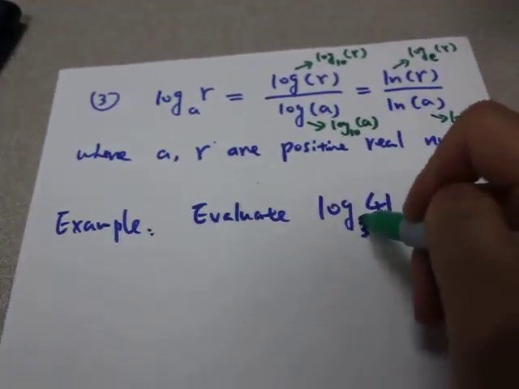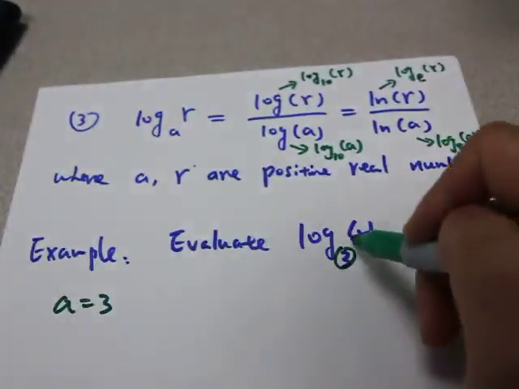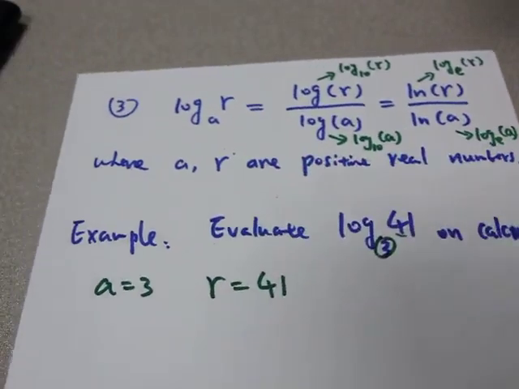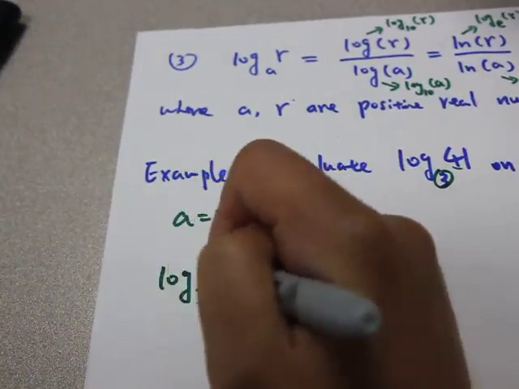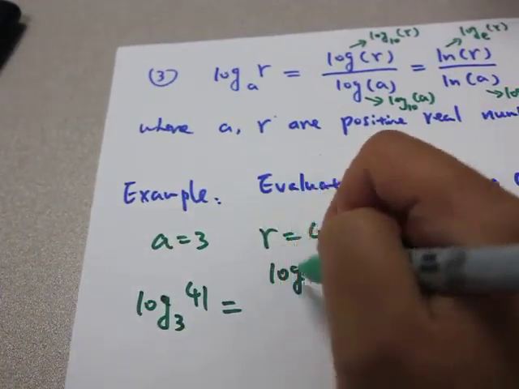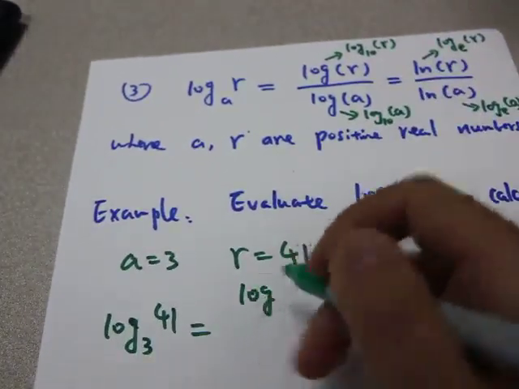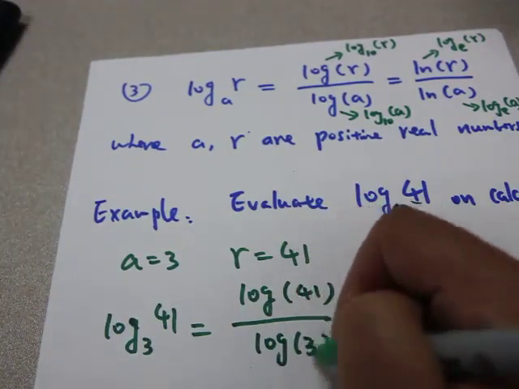Here the base is 3, so a equals 3, and this number is 41, so r equals 41. Now according to this property, this is equal to the ratio, if we use the common logarithm, log of 41 over log of 3.